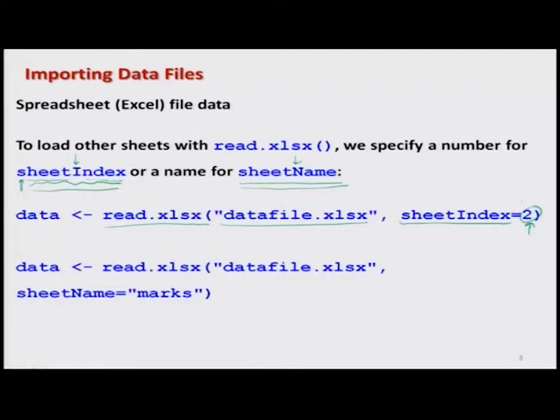Similarly, if you want to specify the name of the sheet, the same command continues, but instead of sheetIndex I use the option sheetName equal to, for example, "marks", enclosed by double quotes. So, if you want to read any particular sheet, you can specify the number or the name of the sheet, and using this package you can use this command.